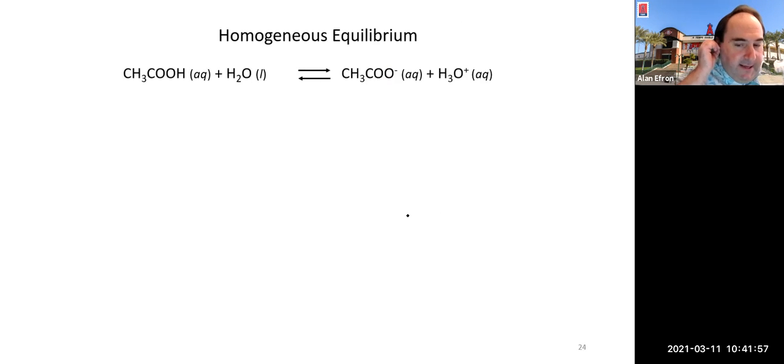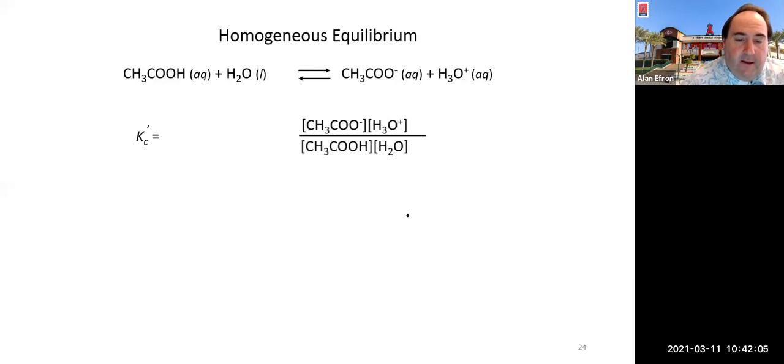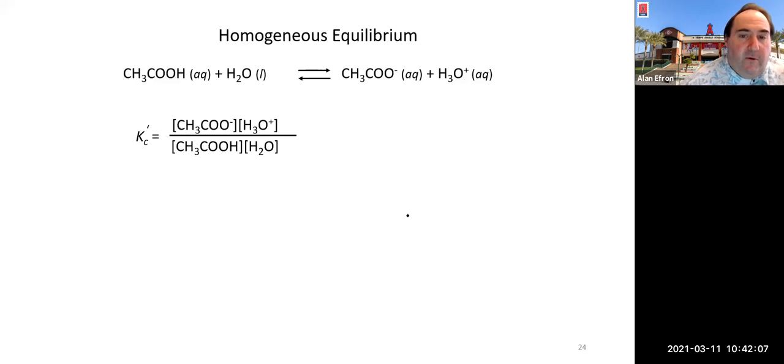So when we look at a homogeneous equilibrium such as this, we can write an equilibrium expression for it. Again, basically doing our products over our reactants. In this case, we would have acetate times H3O plus divided by acetic acid divided by water. But when we do equilibriums, there are certain things that really will not affect the equilibrium.